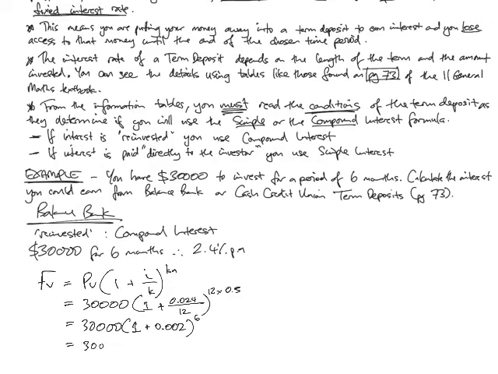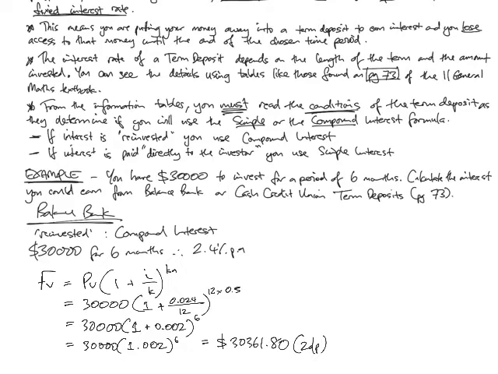So it's going to be 30,000 times 1.002 to the power of 6. So if you work that out, it's going to come to 30,361.80 to 2 dp.